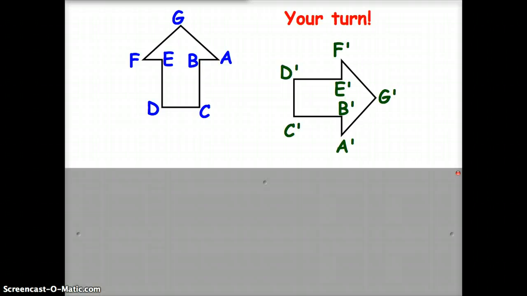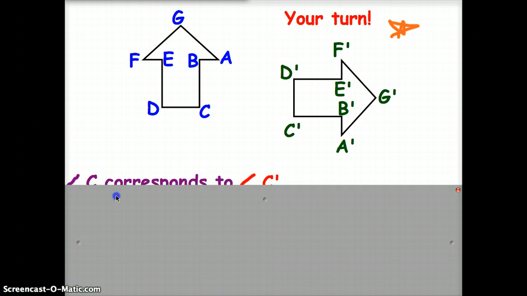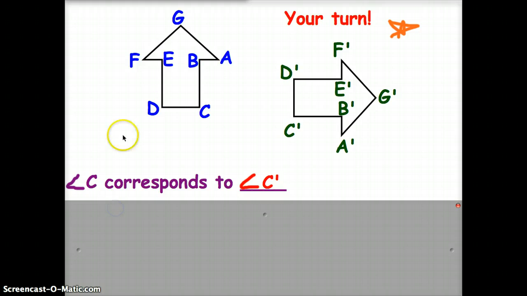Did you label your rotated triangle correctly? If you did, give yourself a star. If you didn't, go back and see how the previous two shapes were labeled. Now let's look at the corresponding angles. Did you get that angle C corresponded with angle C prime?